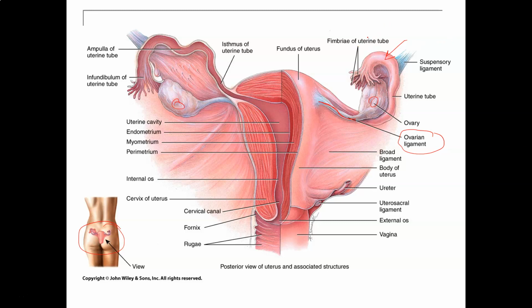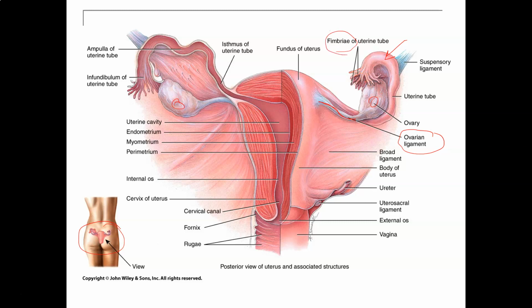You might also see it called the oviduct, O-V-I-D-U-C-T, but that's mostly biologists who use that term. Anyway, the fallopian tube, look at it closely. Notice it does not physically connect to the ovary. It comes very close to it. And then it has these finger-like extensions called fimbriae.